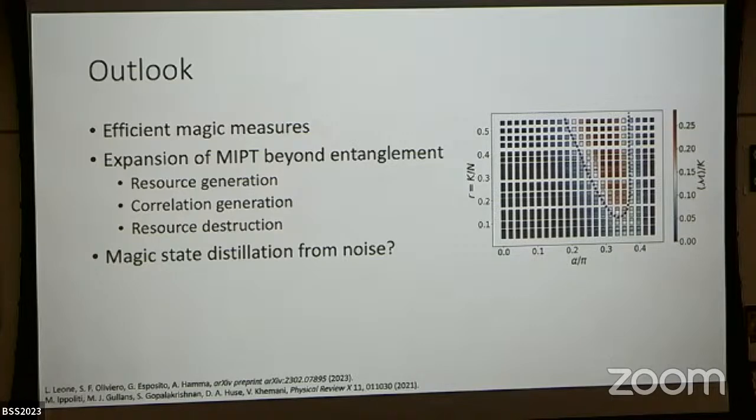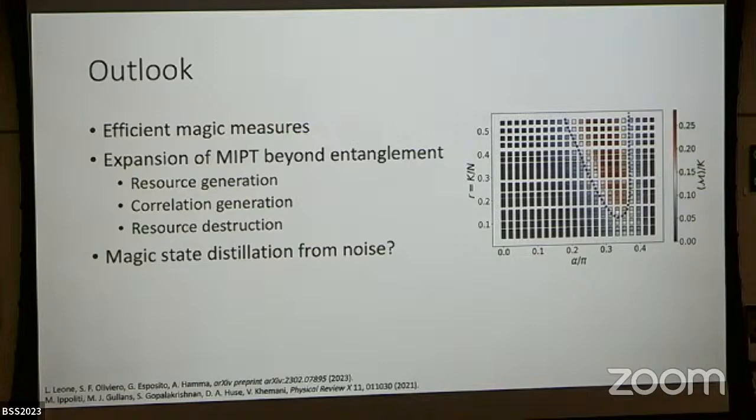When you're creating these, for example, random circuits, but it could be something else, the Hamiltonian, whatever, you have this process whereby you generate that resource, you do some sort of correlation across the system, so you're creating a non-local generation of that resource, and then you do something to destroy it, like measure the syndromes or do mid-circuit measurements or something like that. So can we take this recipe for an MIPT and apply it to other resources?